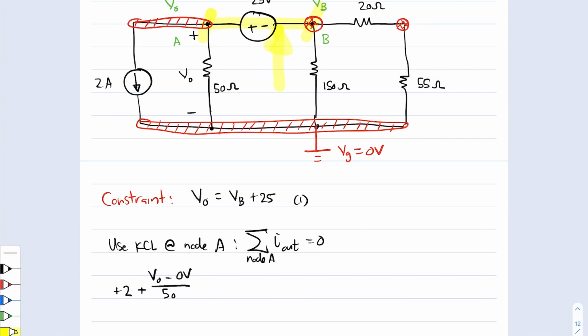But this is not a resistor. It's a voltage source. So we cannot use the modified version of Ohm's law in order to write down an equation for the current flowing from this node out to that node.